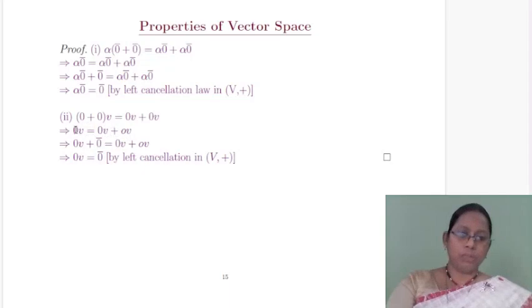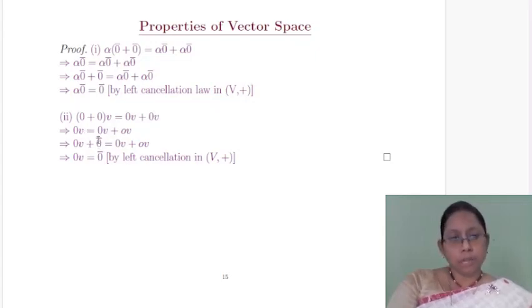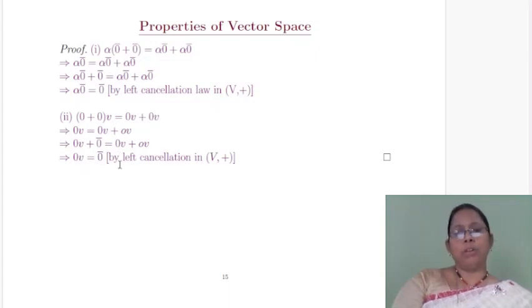Now in 0v, 0 is an element of the field and v is an element of the vector space, so the resultant 0v is an element of the vector space. If I add a null vector, this equation remains unchanged. This equation can equivalently be written as this equation. Now applying the left cancellation again, I will get 0v equal to the 0 vector.